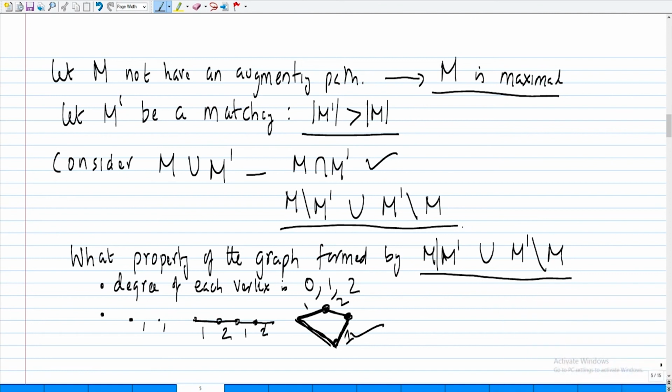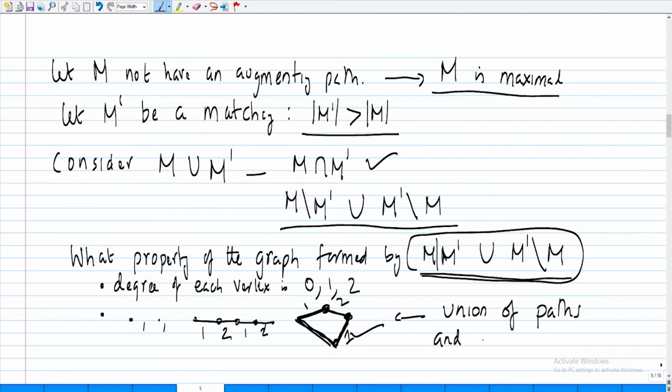you will now see that the symmetric difference is now a union of paths and cycles, and obviously even length cycles. Fine.